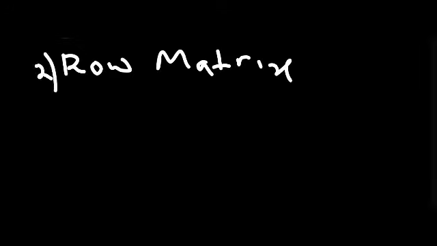Then the second type of matrix that we can look at is called the row matrix. So the row matrix is simply a matrix that comprises one row. So if you have an order row multiplied by column, it means the row will always be 1, then the column can be any number.